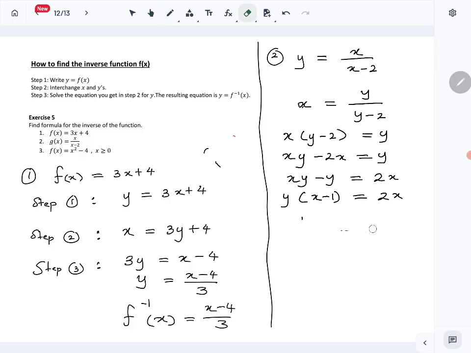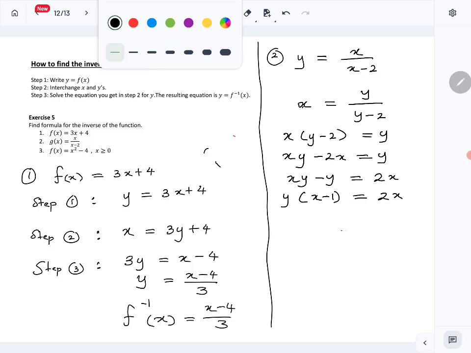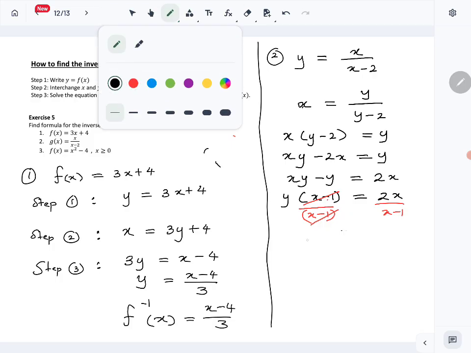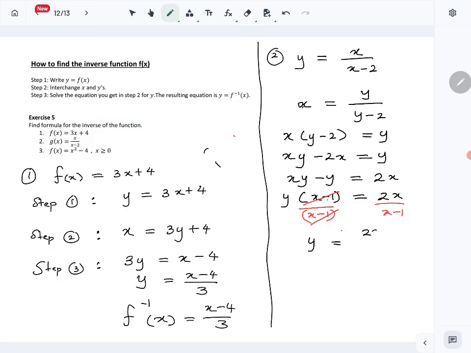So what we are going to do is get rid of x minus 1 from both sides. So divide both sides by x minus 1. So this x minus 1 will cancel with this x minus 1. And you will get y equals 2x over x minus 1.